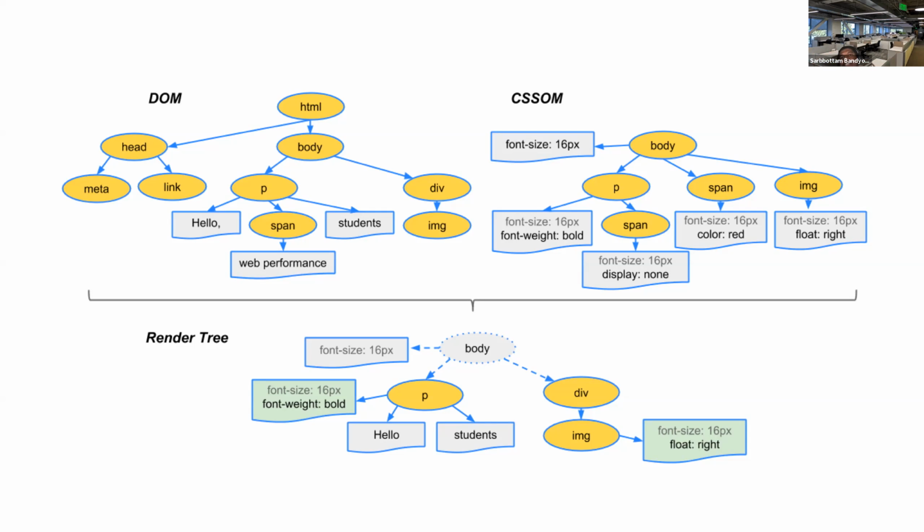Once this render tree is created, the browser starts painting this tree, more like a raster scan method, from top left to bottom right. That's how the whole thing gets painted. So when you develop web applications, you also have to be very careful not to alter the geometry too much.